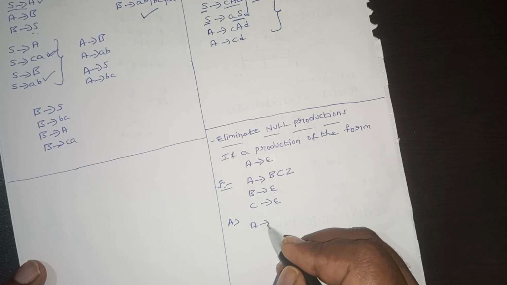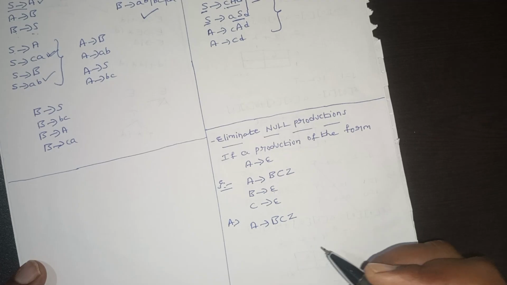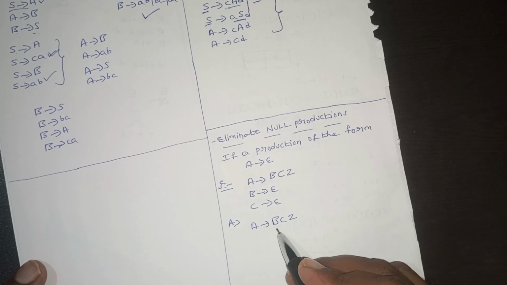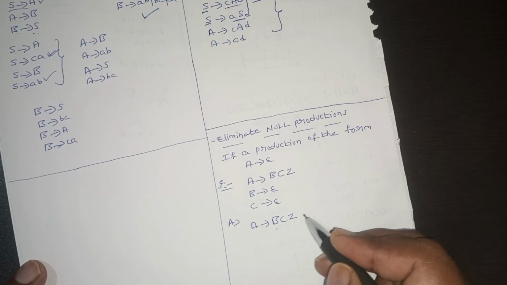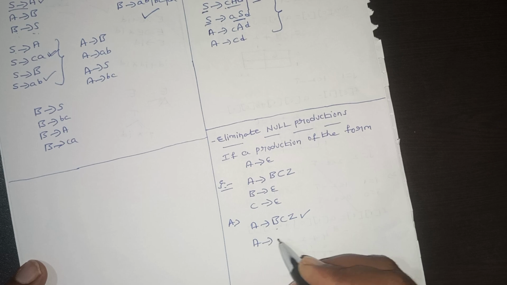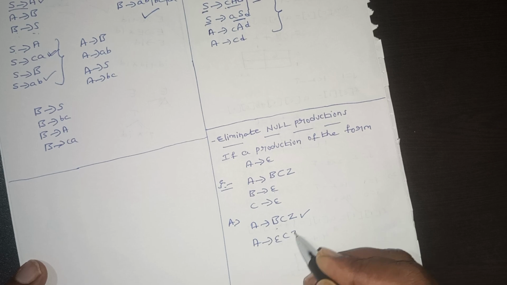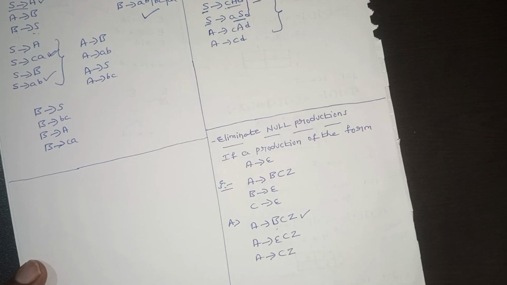A tends to BCZ. Now in the place of B, you replace epsilon. Then A tends to epsilon CZ, so the answer is A tends to CZ.